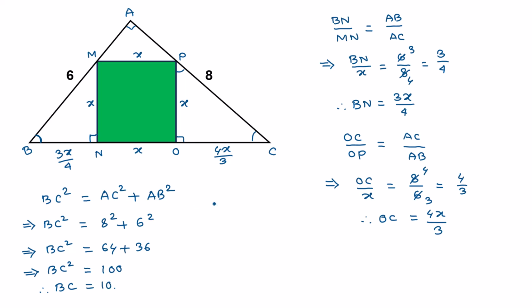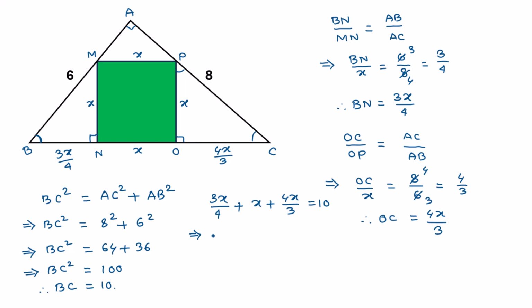So by this we get 3x over 4 plus x plus 4x over 3, and this is the same as 10. Solving this equation, we will get the value of x.